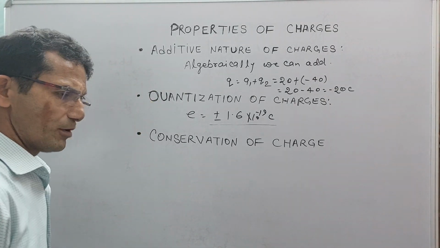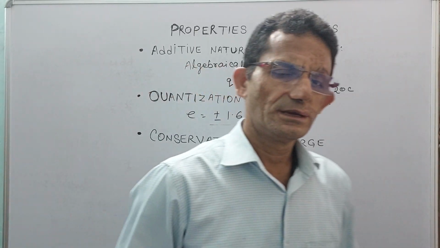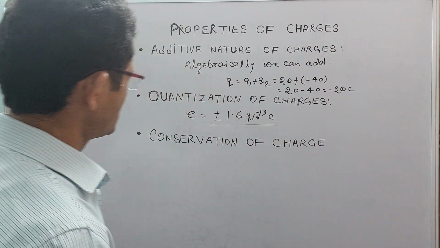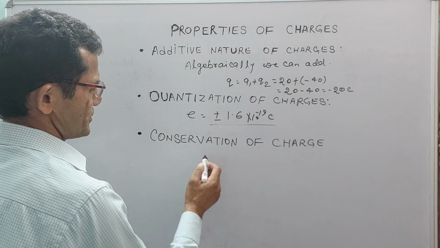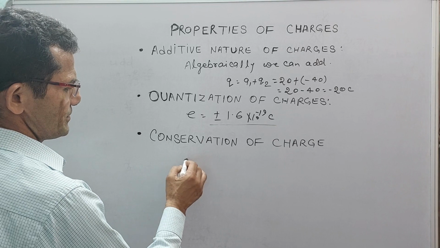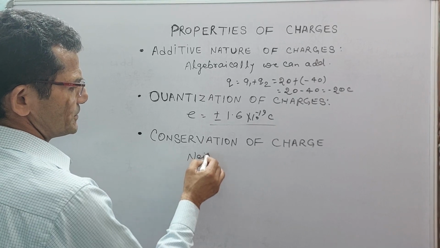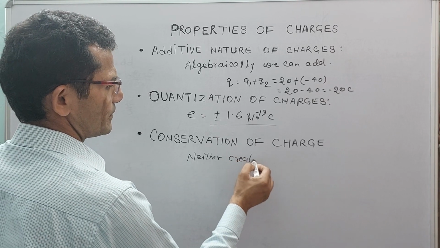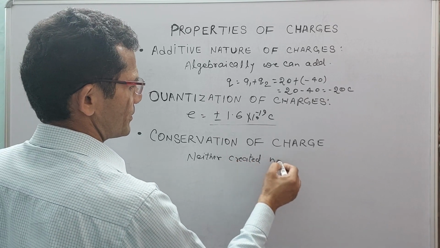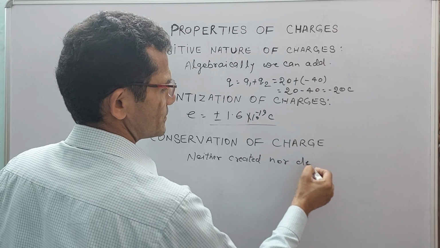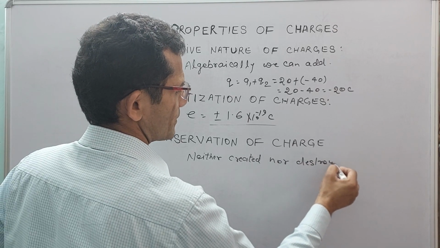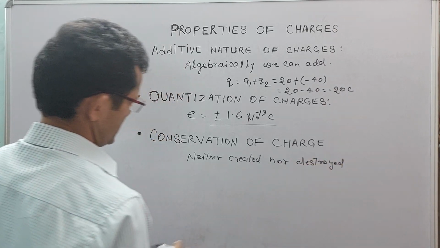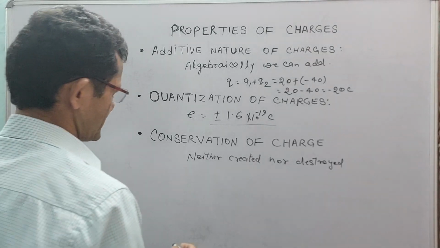So we have observed that the total charge is the same. So we can say that charge is neither created nor destroyed. The charge always remains constant. I have taken some examples of the same thing.